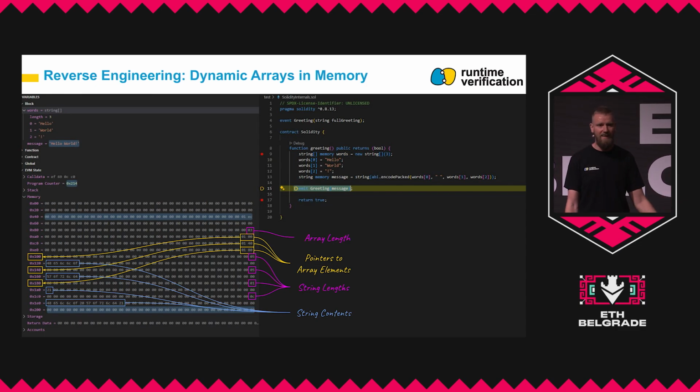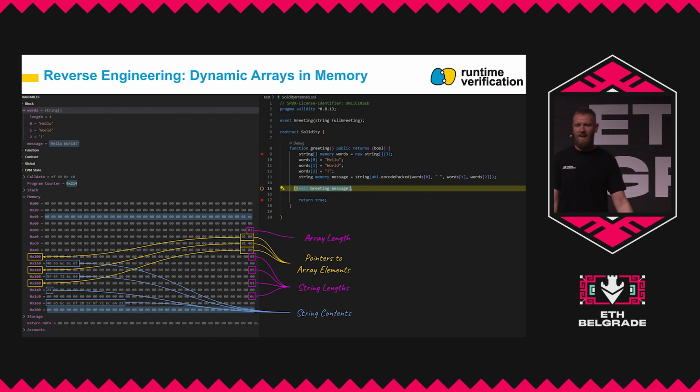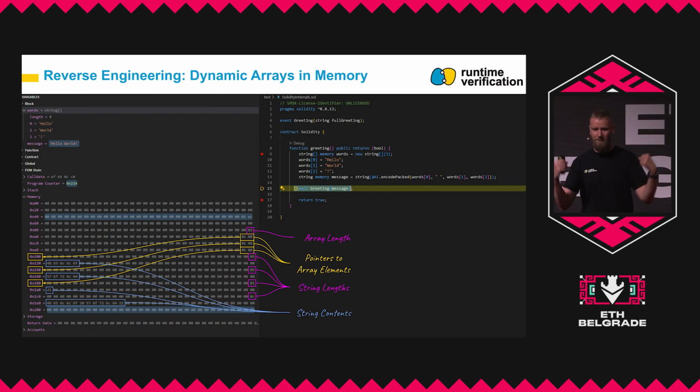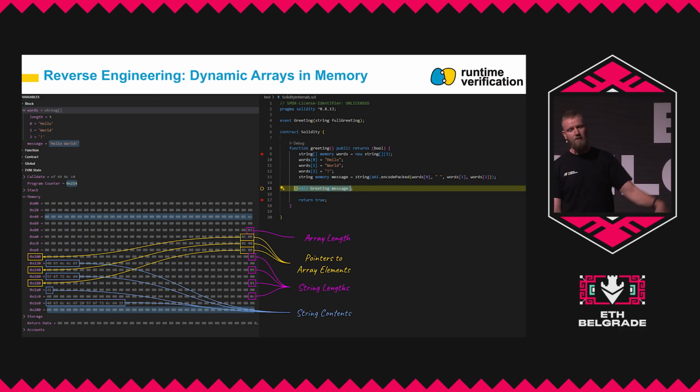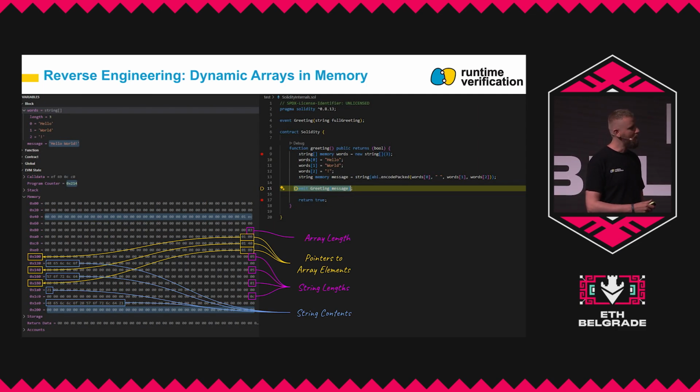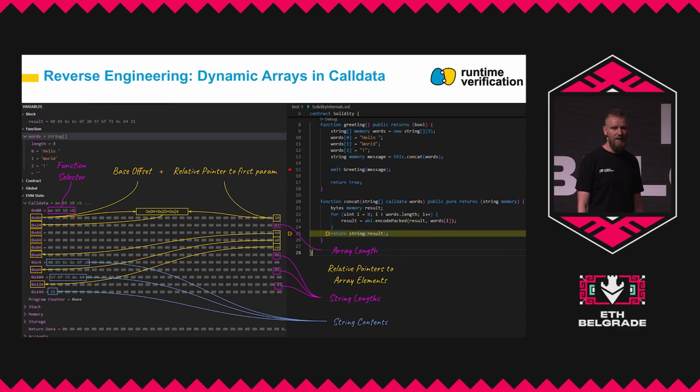No, it's not, and I needed to learn this the hard way, because when I implemented symbolic and this debugger, I reverse engineered all this, and I did it for the memory, and I was like, yeah, huge achievement, I finally made it. And then I tried the same algorithm for the call data arrays, and turns out this is a completely different algorithm that I need there. So let's look at dynamic arrays in call data.